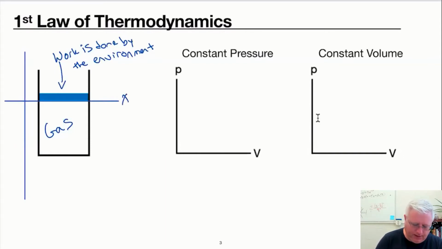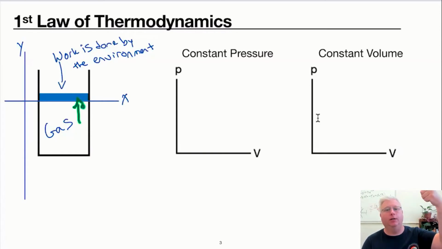Okay, X, Y, and so what happens is, say the gas expands. That means that the gas will exert an upward force on the piston. Okay, it expands, it exerts an upward force on the piston, pushing it upward.